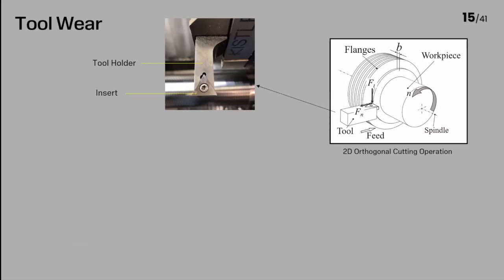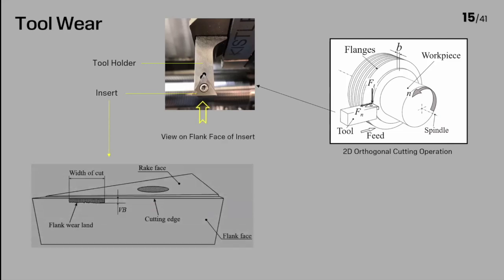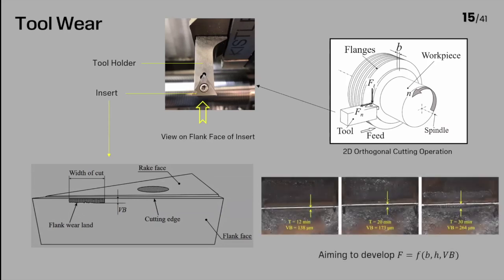If we pause this process and focus on the flank face of the insert, a wear length appears on the surface, defined as the wear length VB. By tracking this VB value over time, we can generate a tool wear progression data set. And this data is crucial for building and validating the predictive model for tool wear.